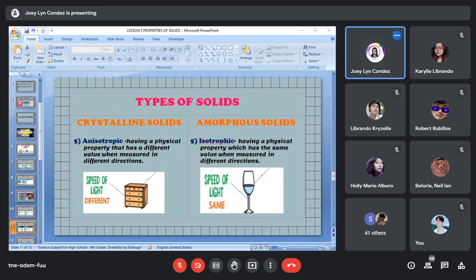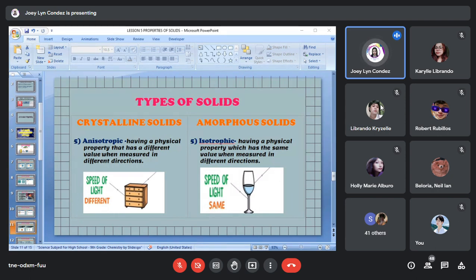When the light reaches this medium like glass, as it propagates in a glass medium, the speed of light is the same in all directions. Okay, the value of the speed of light from this direction is the same as the value of the speed of light from this other direction. They are different directions, no?